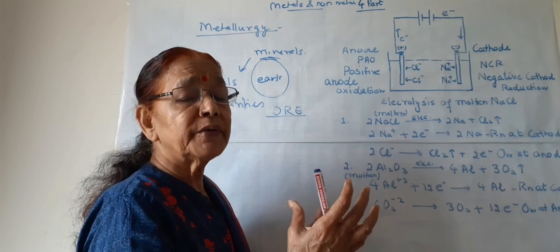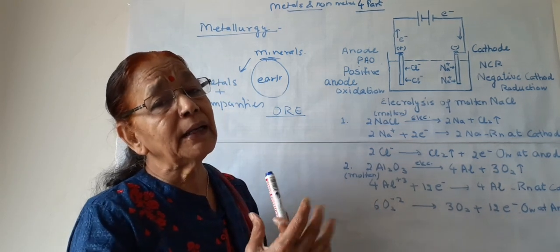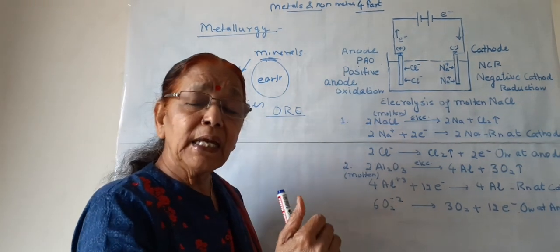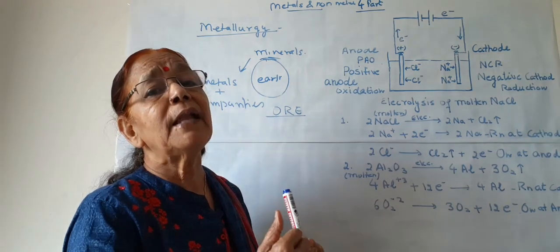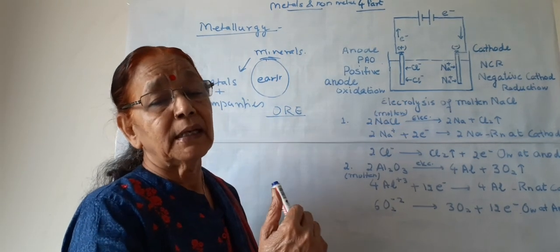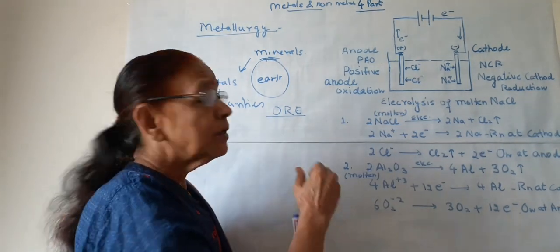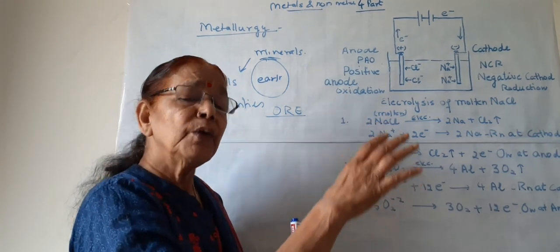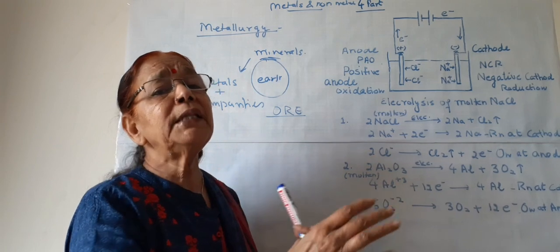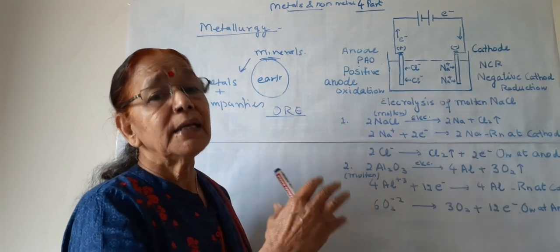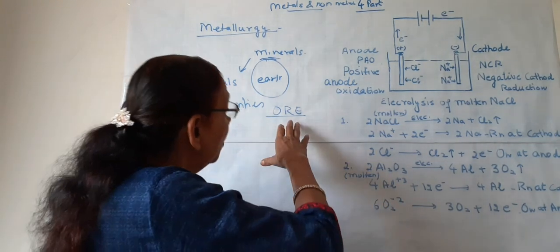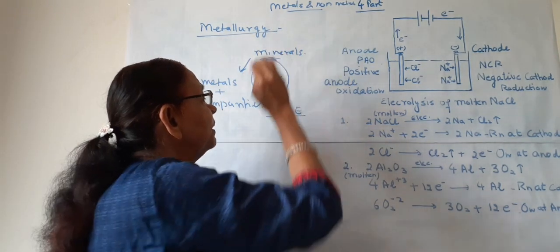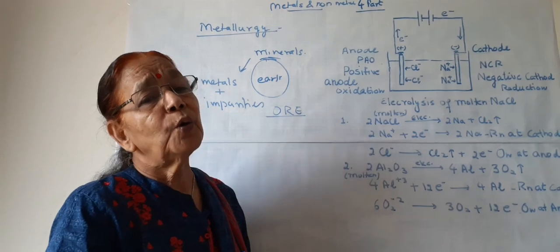It is so concentrated that this metal can be extracted from the ores conveniently and with less expense, that is, profitably. So from the ores, metals can be extracted profitably and with ease. It means all the ores are minerals, but all the minerals are not ores.